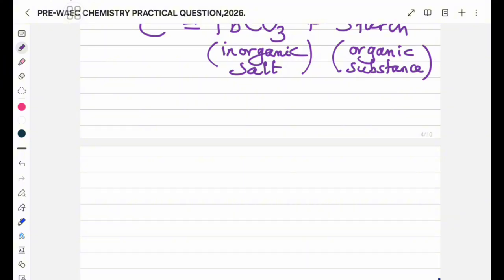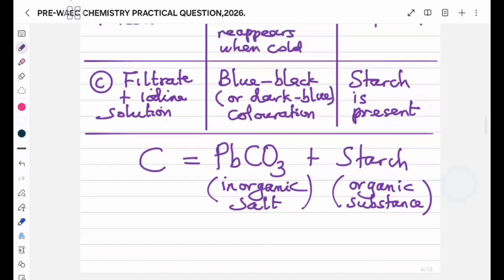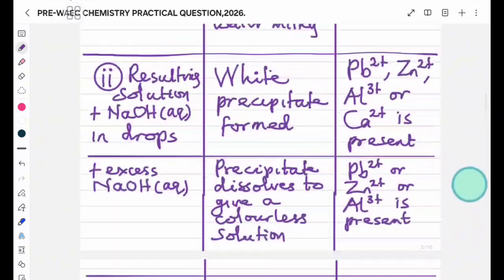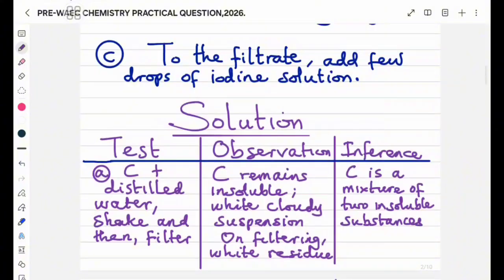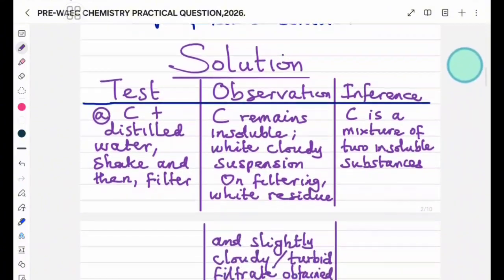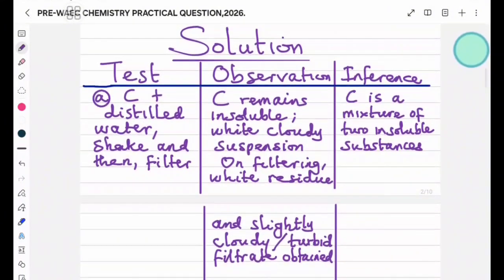And that is the reason why, when you are writing your reports where you carried out filtration, you must indicate the keywords residue and filtrate.